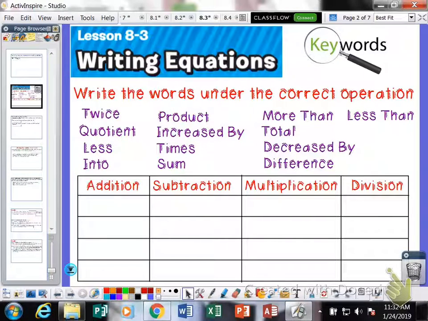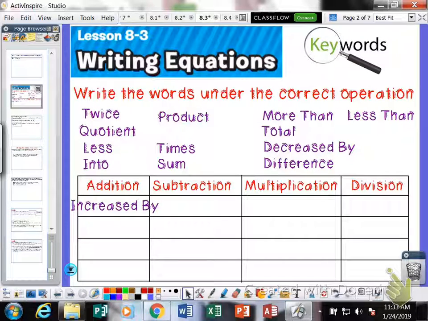Alright, so today we're going to look at lesson 8.3, which is writing equations. To start us off and review a little bit, we're going to look at some of the terms that would fall under each of these four operations of addition, subtraction, multiplication, and division. First, let's look at addition. One of the terms that would fall under addition is increased by.